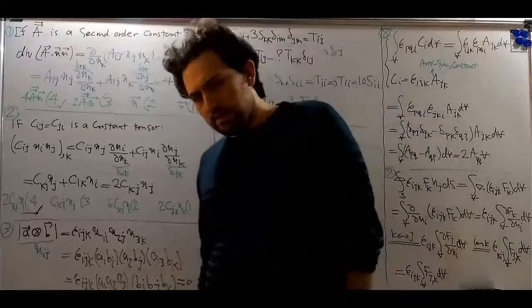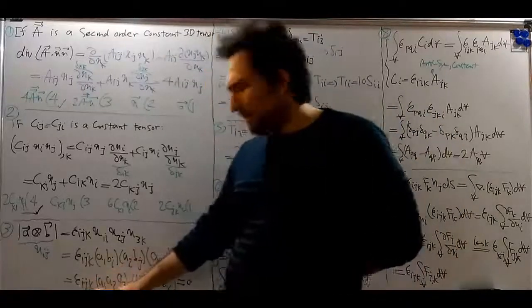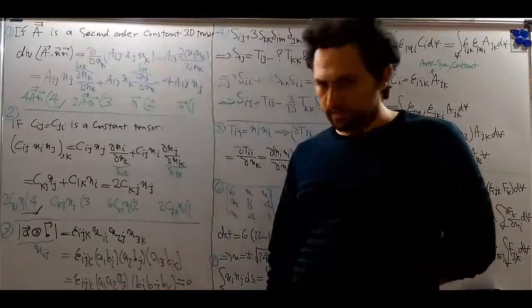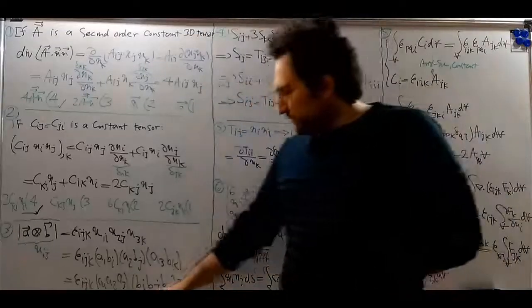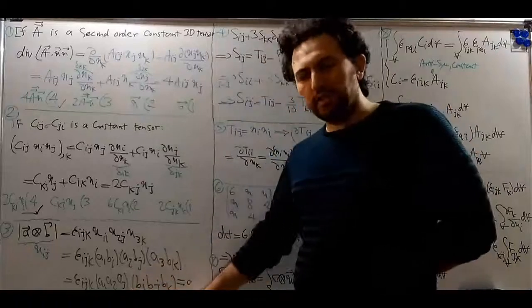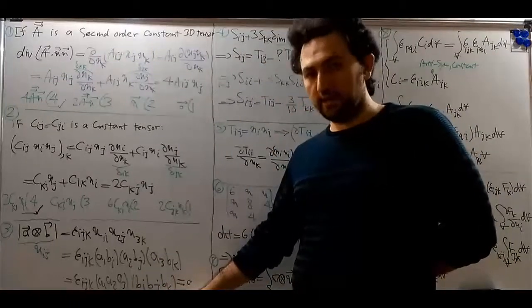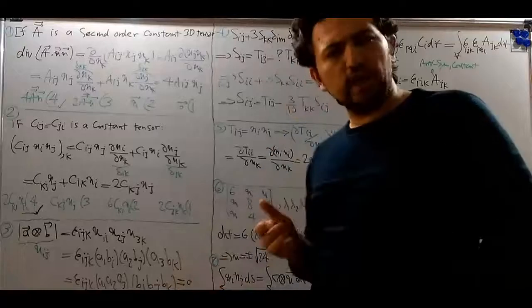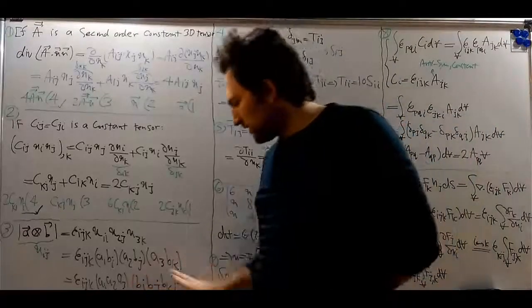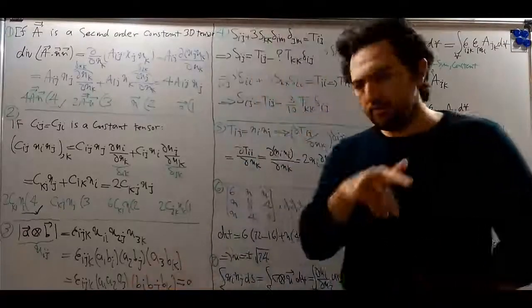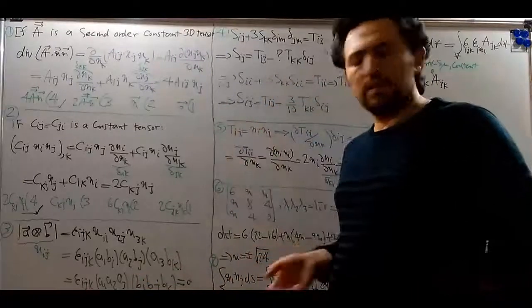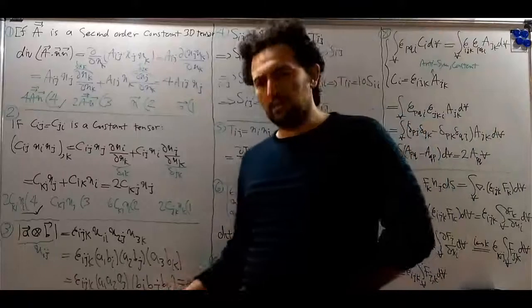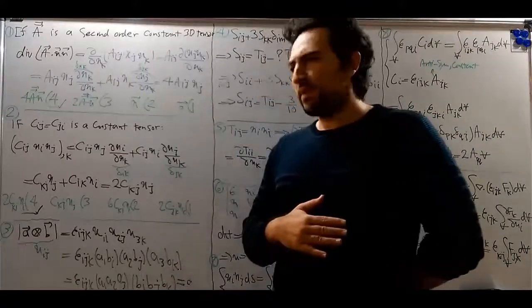These are constants, but as you see here, I have an anti-symmetric tensor, which is the permutation symbol. And this term here is a symmetric third order tensor, because if I change the indices of this third order tensor, for example, i and j, these are simple multiplications, so the result does not change.